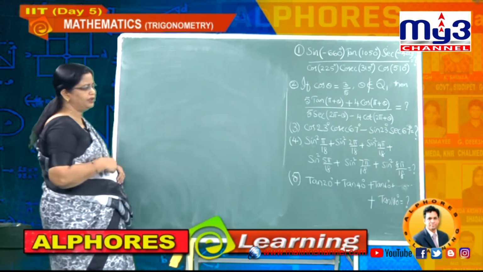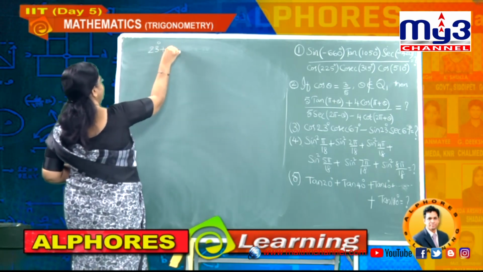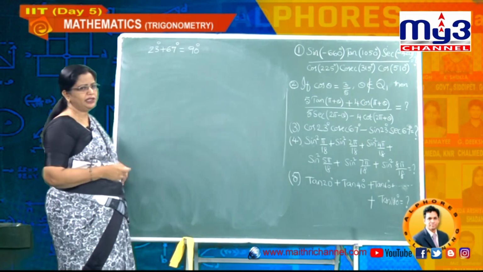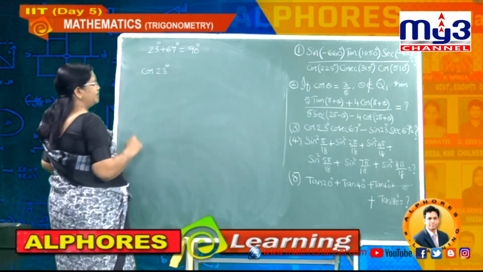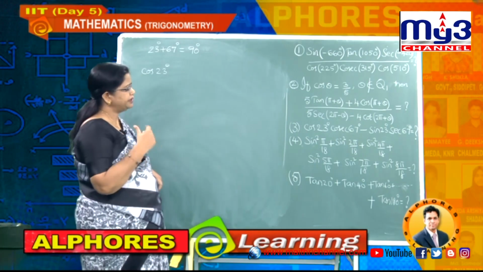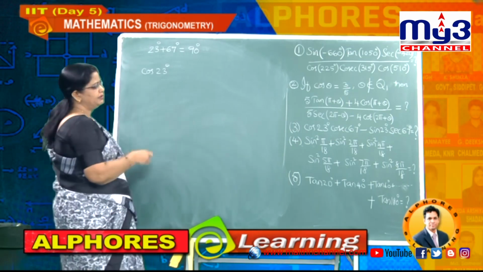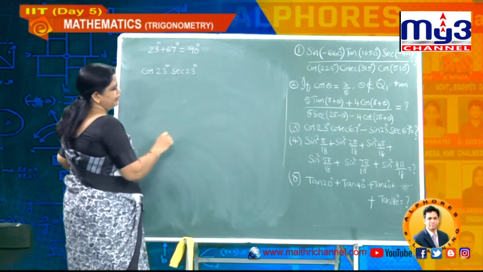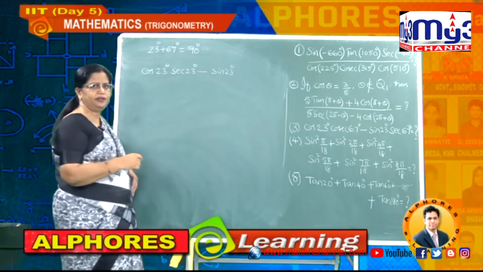Now here these are complementary angles, that is 23 degrees plus 67 degrees equal to how much? 90 degrees. And hence, once these are complementary angles, cos 23 degrees I am leaving as it is. Usually the smallest acute angle we don't want to change; always we want to change the bigger values. Now cosec 67 degrees, what is the value if you use it? It is secant 23 degrees, minus sin 23 degrees, and next what about secant 67?